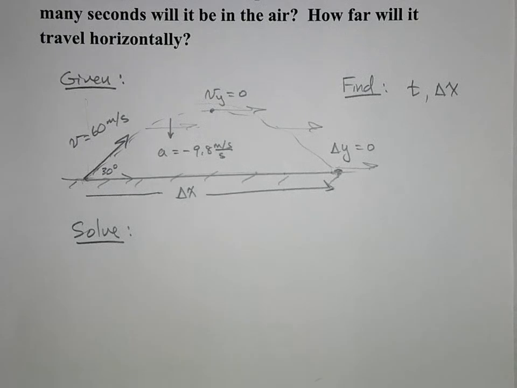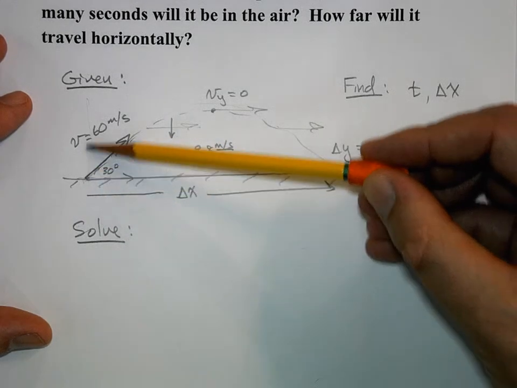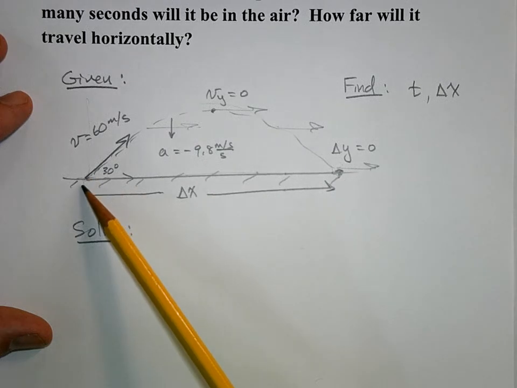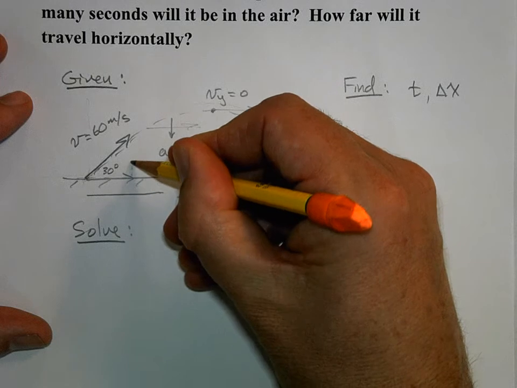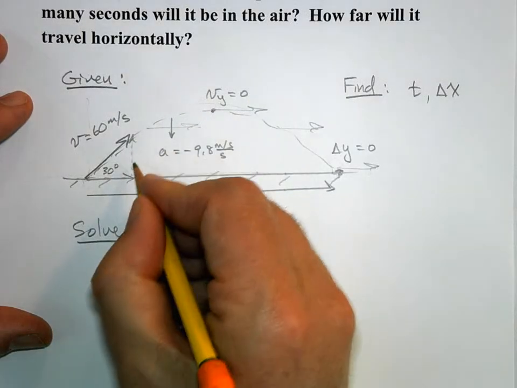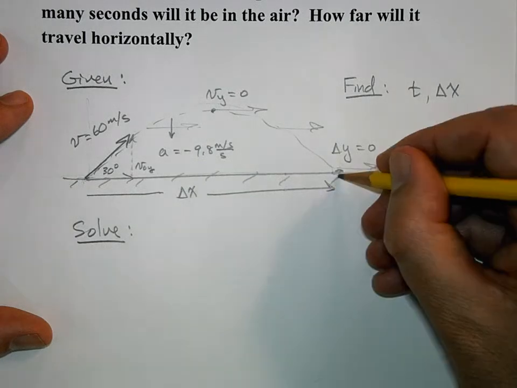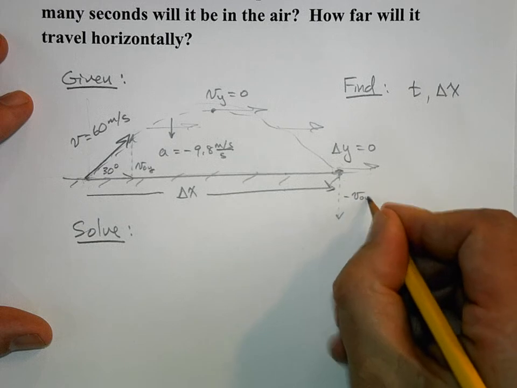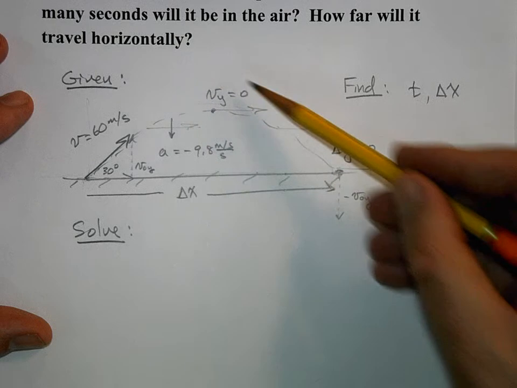Another thing that we know that's not explicitly given: if you're going to hit the ground at the same level that you leave the ground, then the initial velocity in the y direction, we'll call that v naught y, is the same velocity over here, but this is equal to negative v naught y, because it goes up and down.